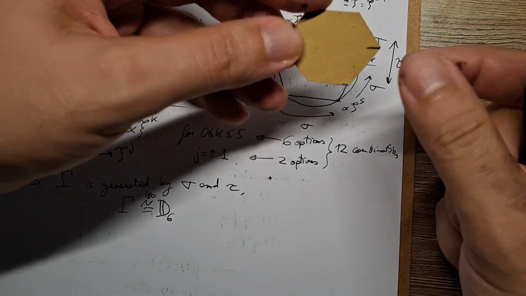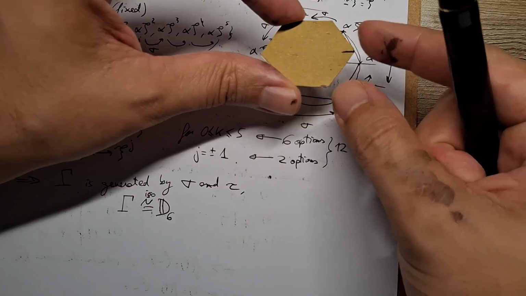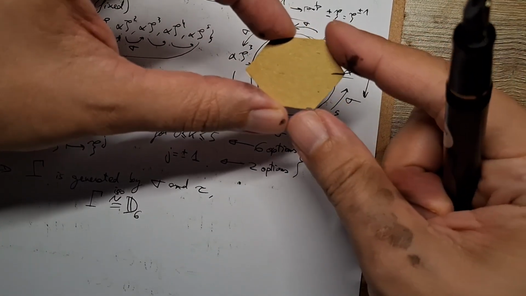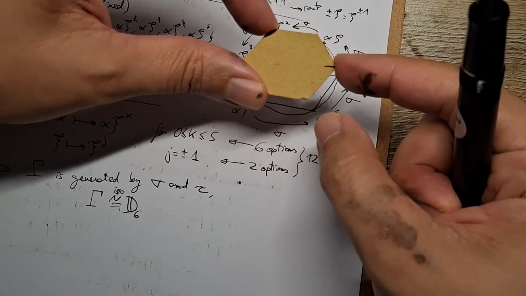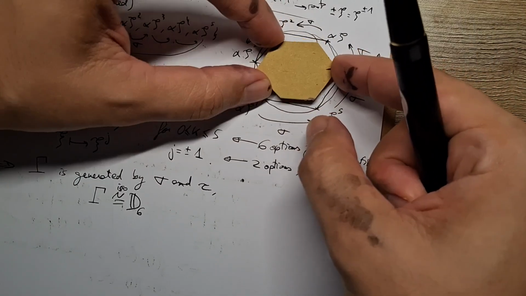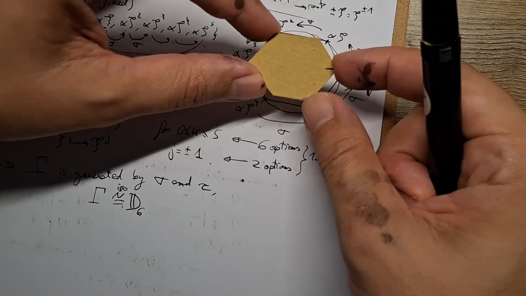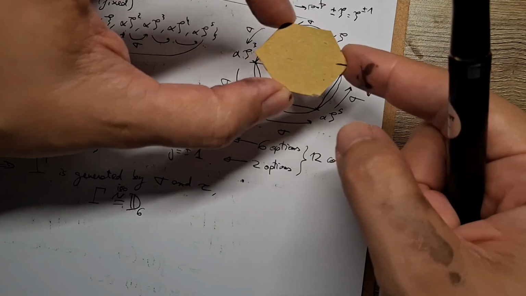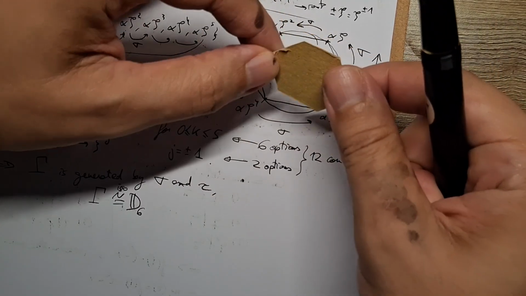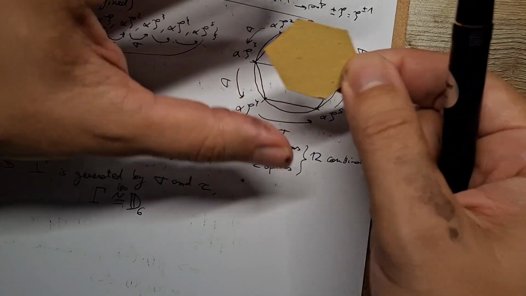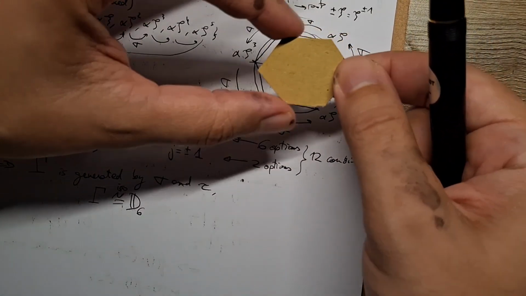I do this inside my mind, but if it helps a bit to represent it, just assume that it's a regular hexagon.